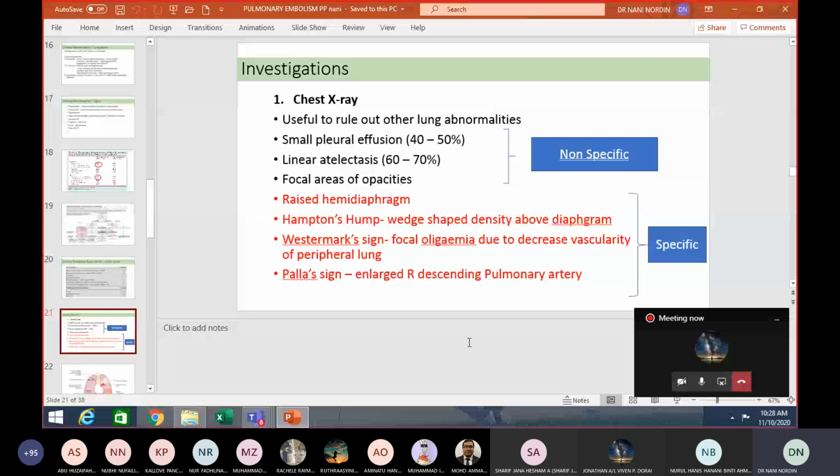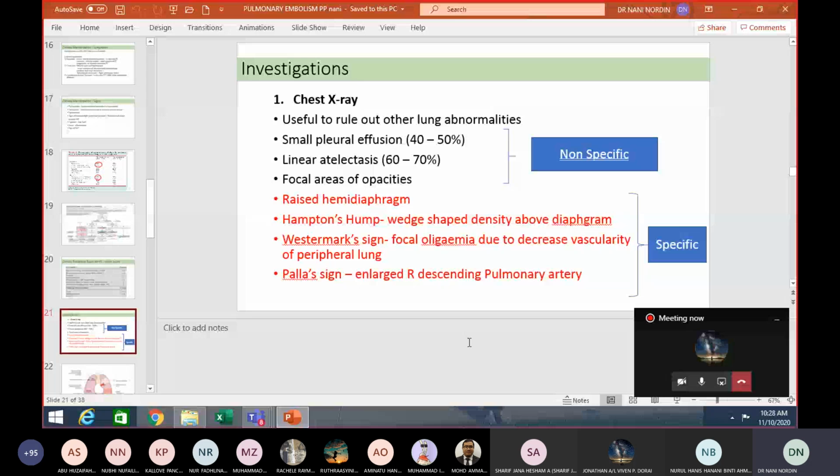But these are non-specific signs. A more specific finding in a patient with pulmonary embolism is a raised hemidiaphragm.